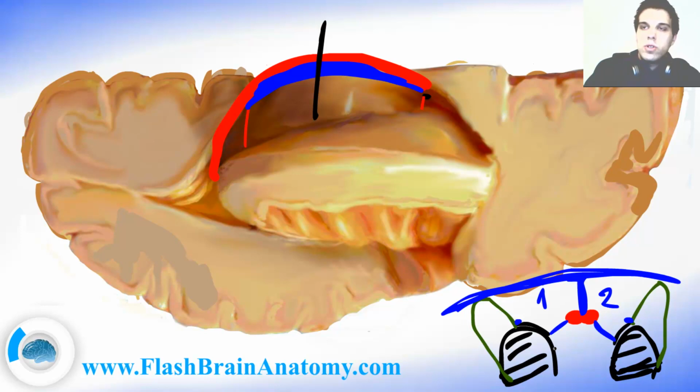Then over here we also have the tela choroidea, and underneath that there is the third ventricle. This part over here is the telodiencephalic fissure. And as I mentioned before, this foramen of Monro, if we would enter that foramen, we would simply go through some kind of tunnel to the third ventricle.